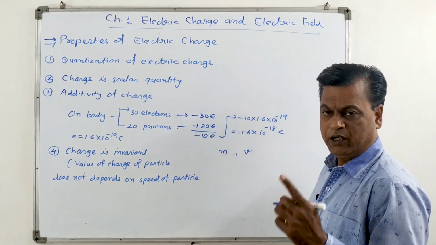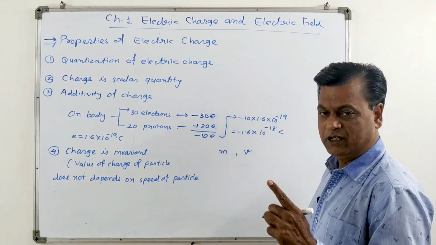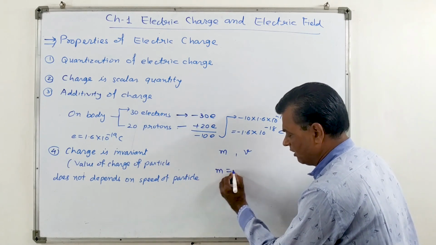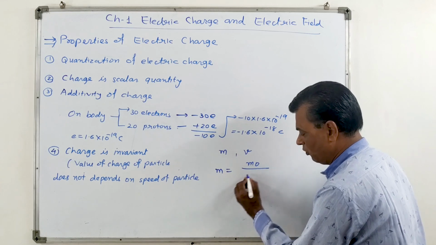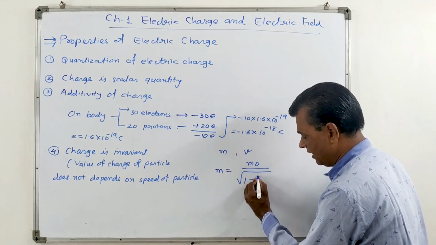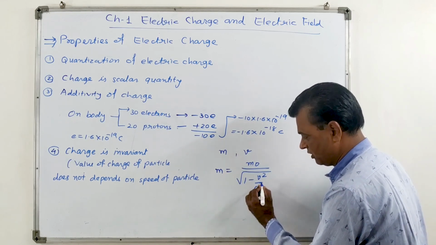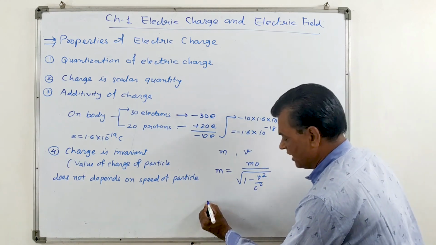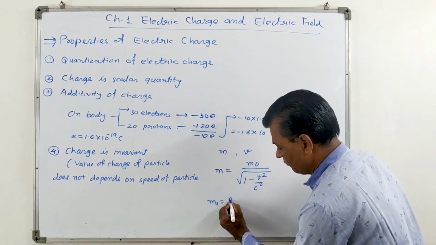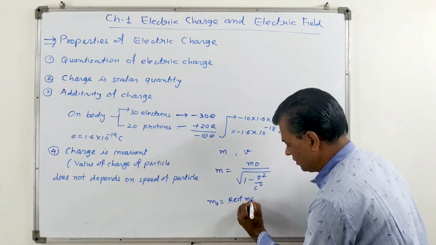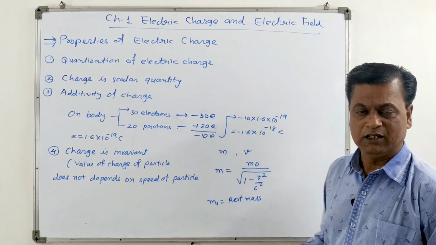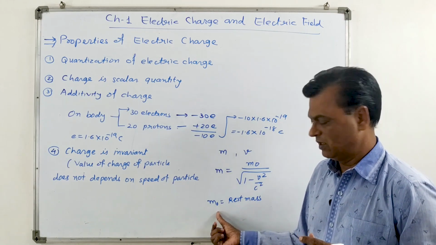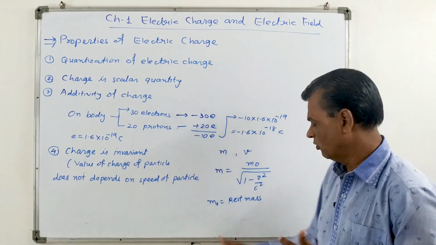Then the mass of the particle when it is in motion is m = m0 divided by the square root of 1 minus v squared over c squared. Here m0 is the rest mass. Rest mass means the mass of the particle when it is stationary, and it is denoted by m0.